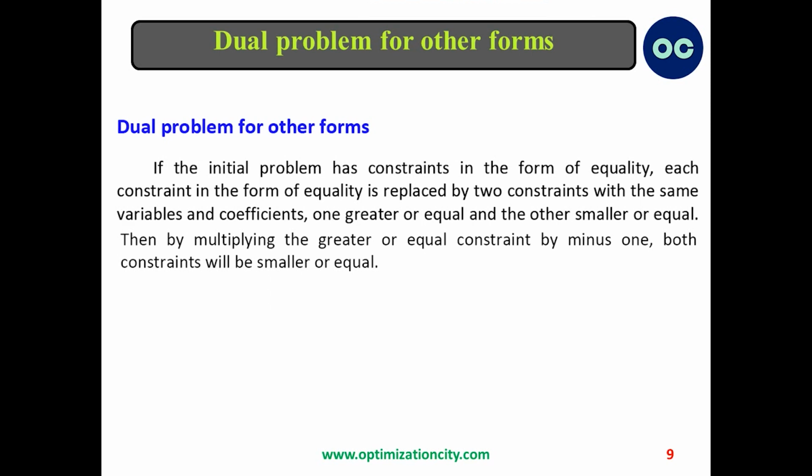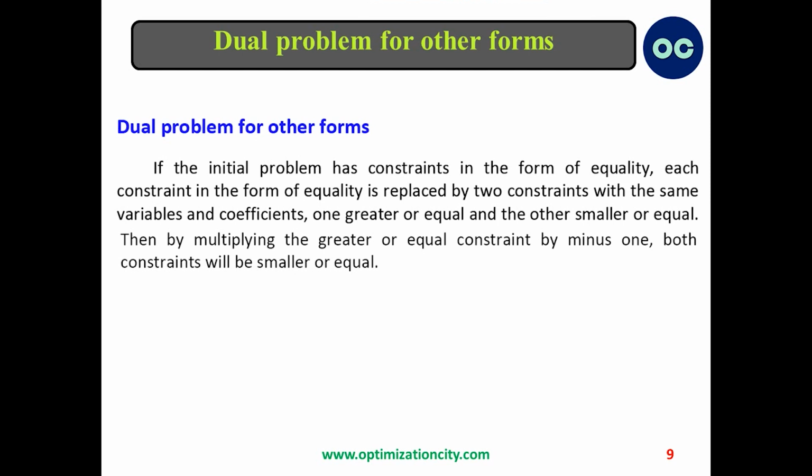So let's consider the dual model for the other form. If we don't have the standard formulation for the primal model, if the primal model has a constraint in the form of an equality, we need to make some change. Each constraint is replaced by two constraints with the same variables and coefficients, one greater than or equal to, and the other less than or equal.